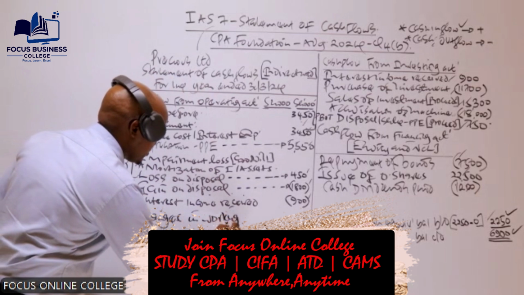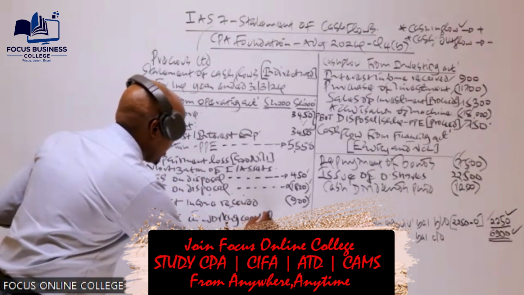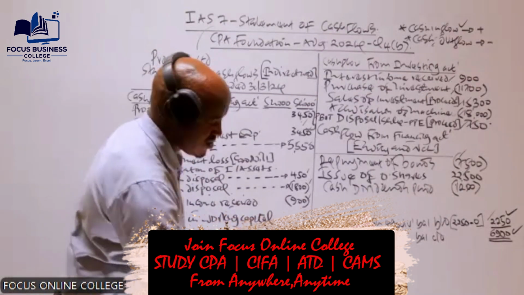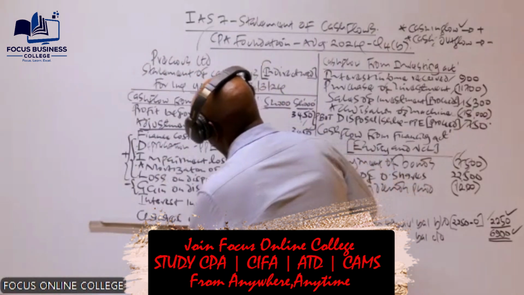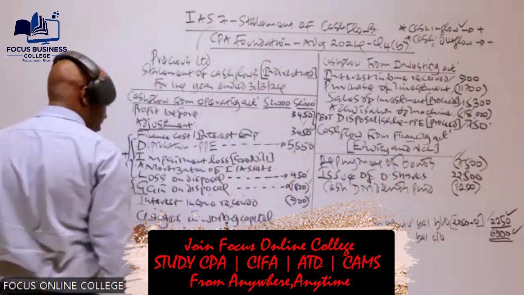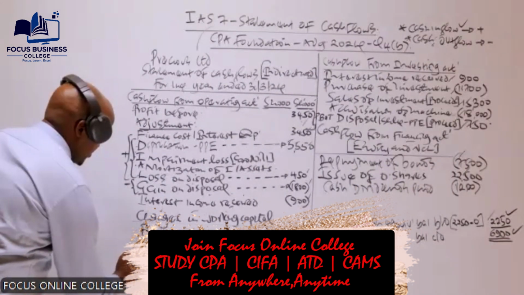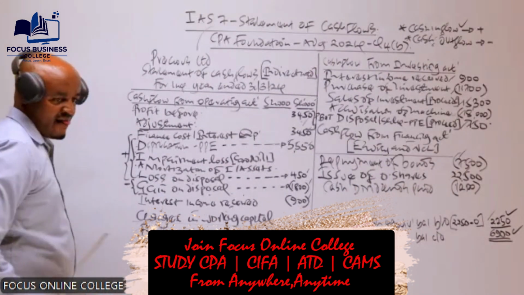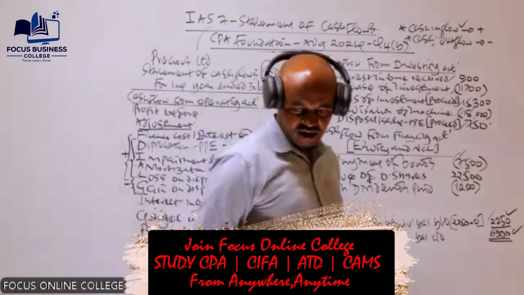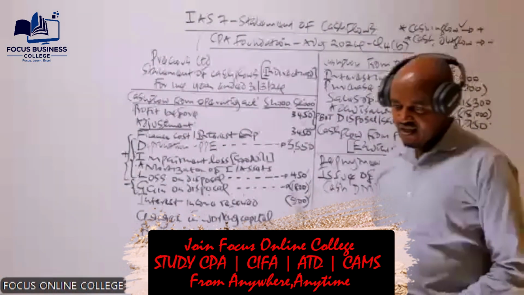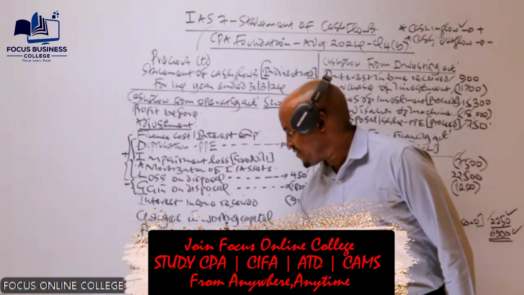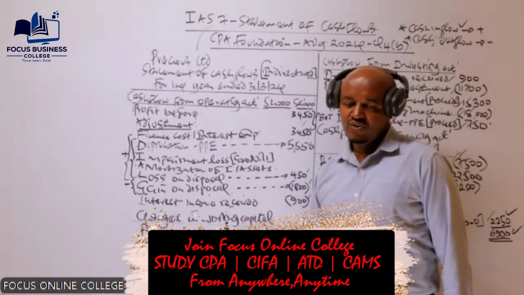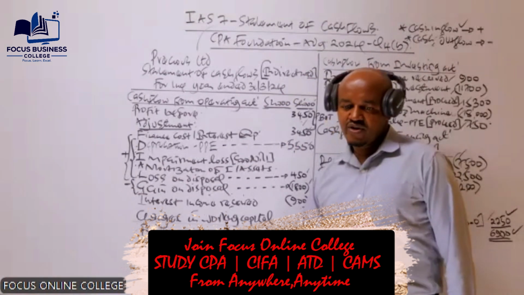Here we consider majorly 3 items. To remember them, recall the acronym RIP: receivables, inventory, and payables.